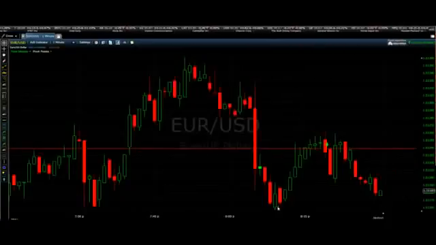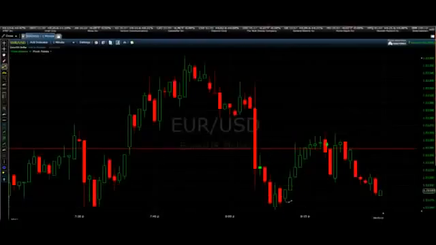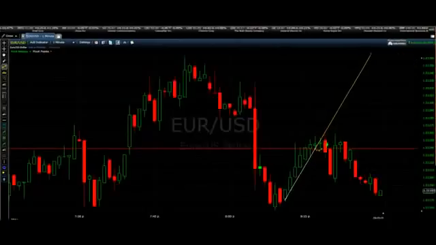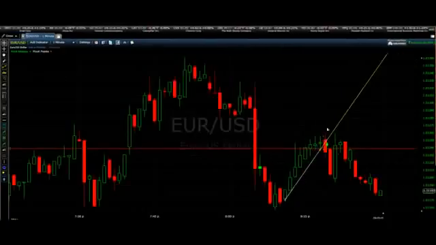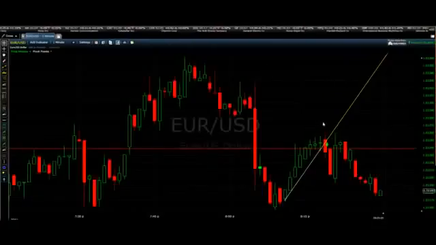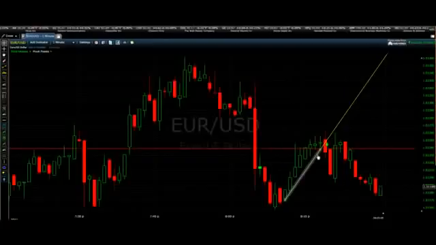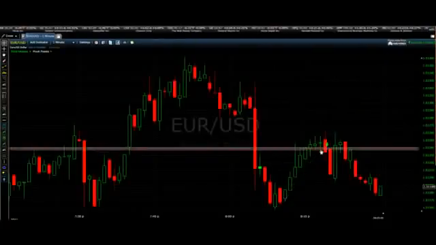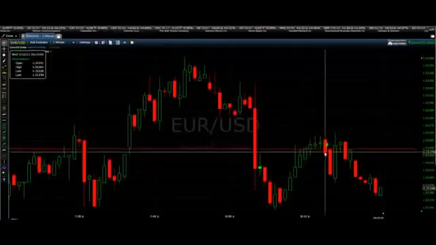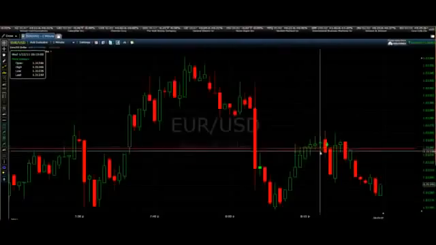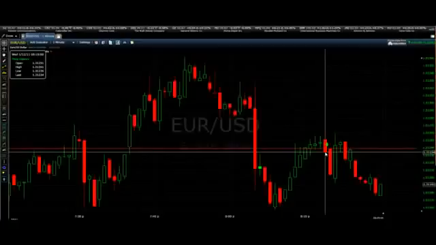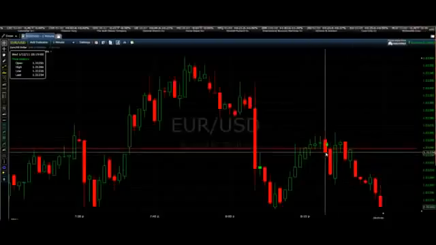So we've got this uptrend right here, and I'll just draw a little bit up. This is by no means a trend line or anything. I'm just trying to show you that we've got the uptrend right here going up. And as soon as this candle breaks the low of that last green candle right here and its wick, that signals to me that, hey, this is likely a good time for a put on this trade.